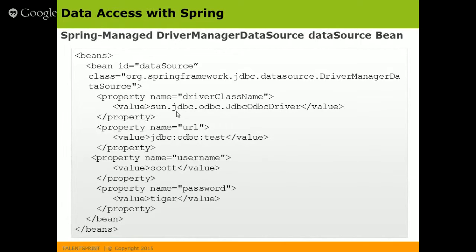This is a type 1 driver which is using the Sun specified JDBC ODBC driver. That's why we are simply specifying JDBC colon ODBC and then test. What does it mean? The test represents, sorry, the ODBC name, the DSN, which is called the data source of the ODBC.